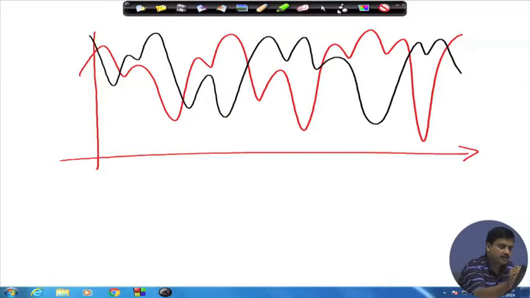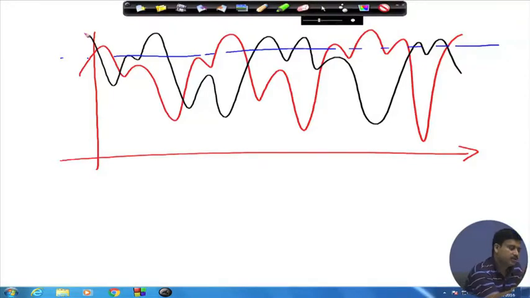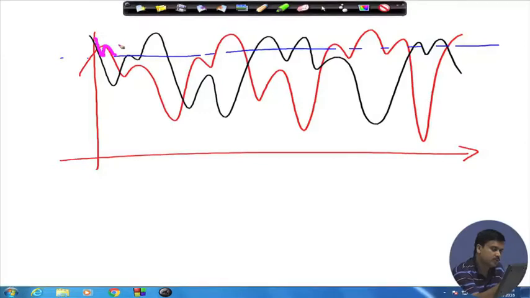In that case, one would decide on a particular threshold, let us say this is the threshold, and they would not do unnecessary switching. The switching would happen only when the signal falls below the threshold. So, if one is following the black, it will carry on till the point it goes below the threshold, then it jumps to the red one and follows through. And now there is no other option, so it has to go down and then select the black one, carry on, then go to the red.